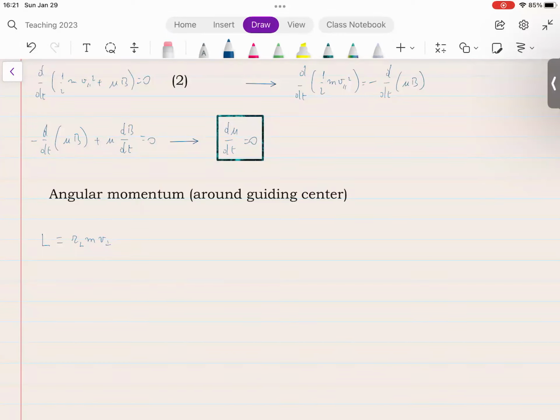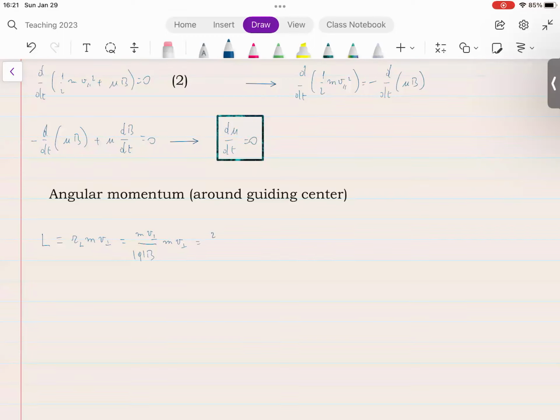Now remember, as usual, the expression of the Larmor radius, that's m v perp over qB, which still multiplies m v perp.